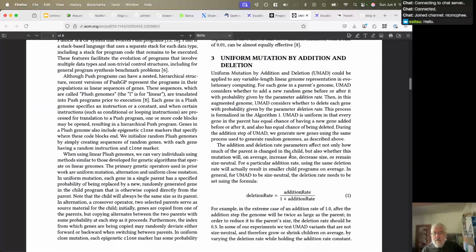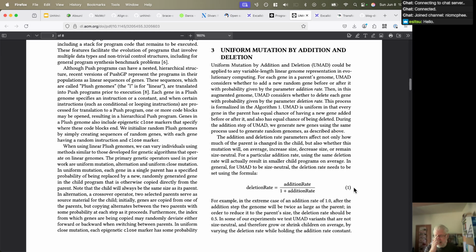The key idea is you have your genome, and you go through and make a set of additions. You go through the genome, and at each point, you make a decision whether to randomly insert a new random gene.